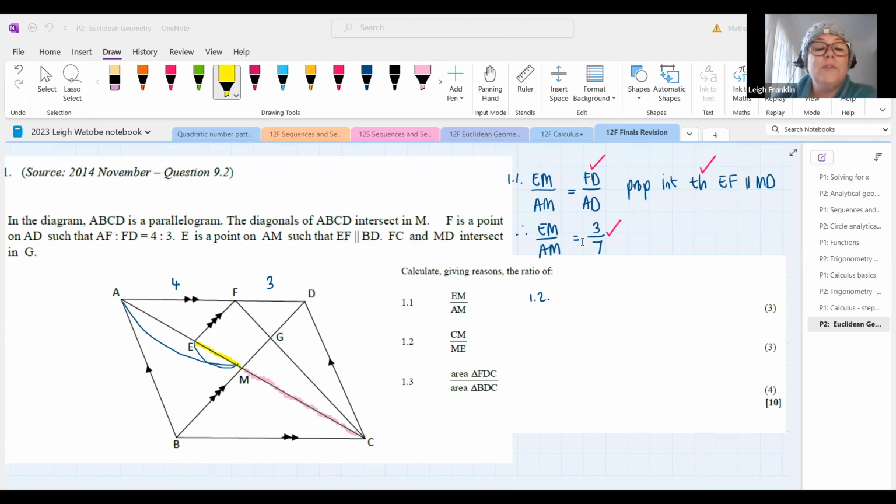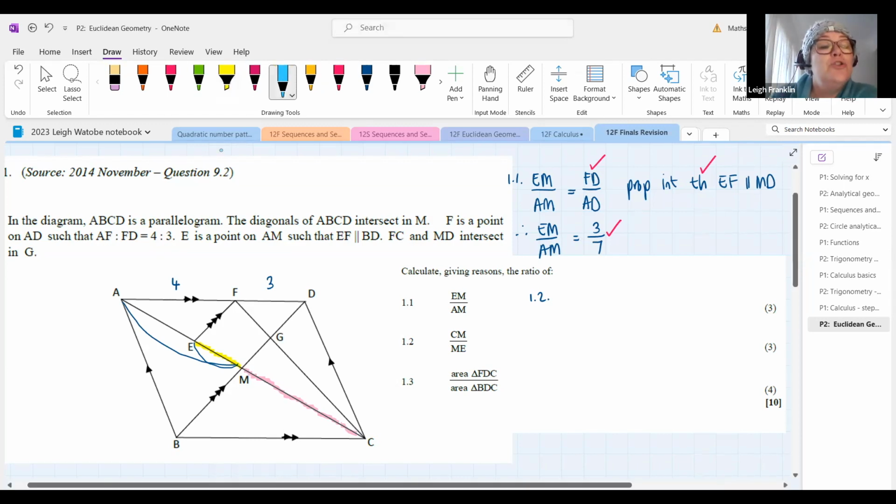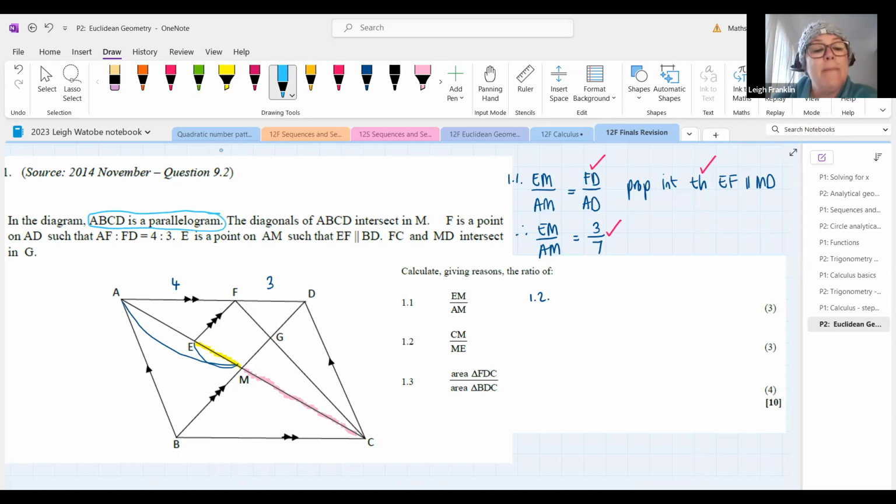So what they want us to do in this particular question is go back to this idea that ABCD is a parallelogram. And this is where our properties of these four-sided shapes are so important. AM and MC are equal to each other. Why does AM equal MC?